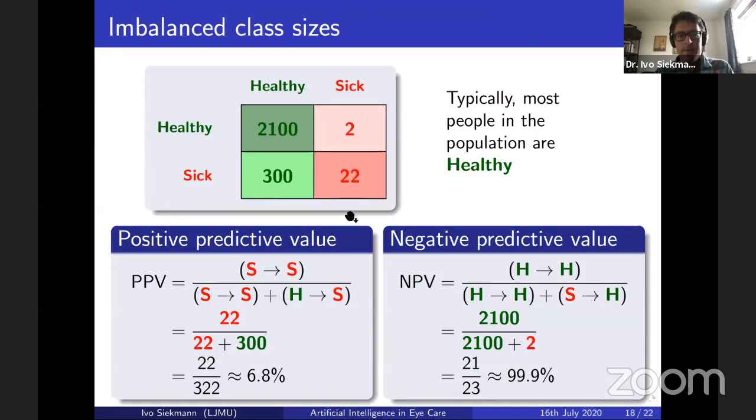So what you can see here is that you get a very high negative predictive value, and both these values are basically just a result of the fact that you have a much larger number of healthy patients in the population.